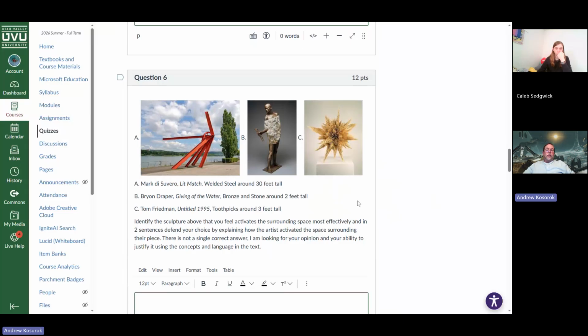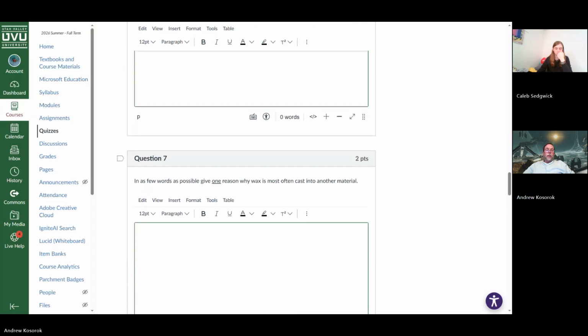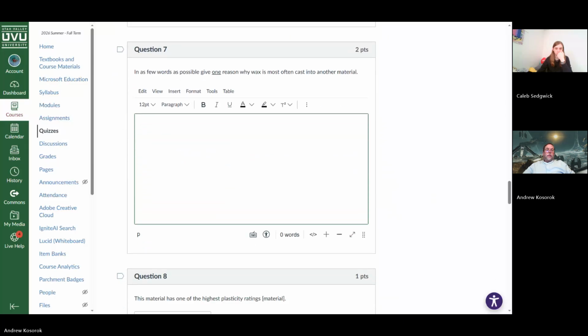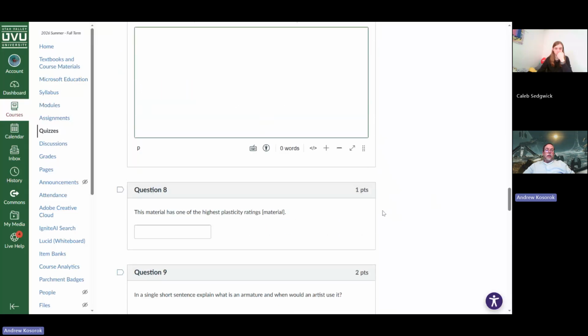You get points for how you're describing or rationalizing your choice. How are you explaining it? And this, I don't know why I took some people's points off of this, even though they did get it right. If you missed points for this and you think you got it right, email me right away so I can fix that for you.